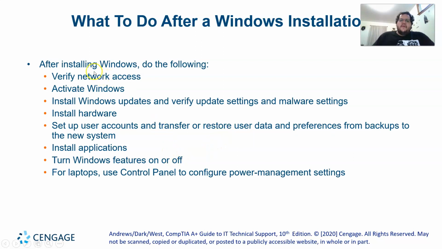So after you install the Windows operating system, you want to verify you have network access. You need that network access to activate your Windows, because it's gonna reach out to Microsoft and say, hey, I got this activation license. They're gonna verify your license and say, yeah, it's activated.